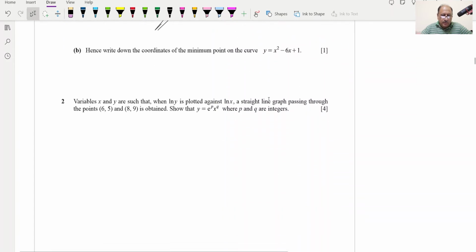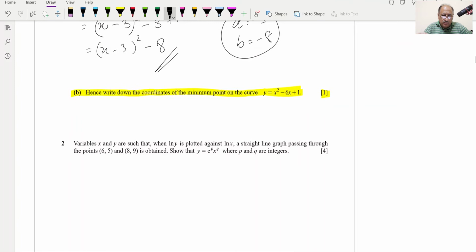Now part B says hence write down the coordinates of the minimum point on the curve, and this is a 1-mark question. For the minimum point, we will be using the same equation which we have written in the completing square format, which is (x minus 3) squared minus 8.